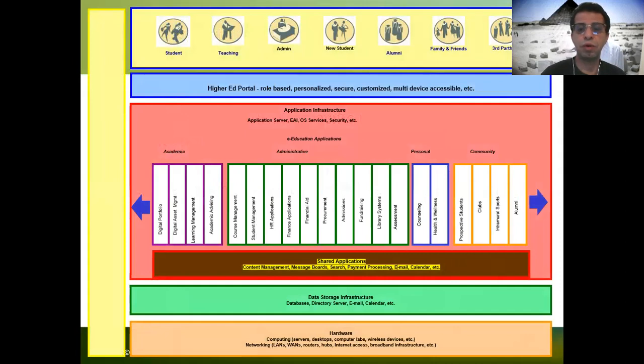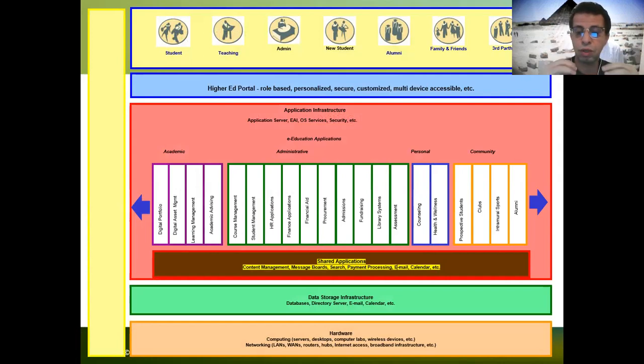You remember we spoke about a higher education solution, and we said that in order for us to estimate anything as an IT infrastructure, as an IT solution, we needed to start from the top: student teaching, admin, new student, alumni. What do these stakeholders need, and how are they supposed to be run? Then we took one step lower for the web-based layer, and we spoke about the apps these stakeholders might be using.